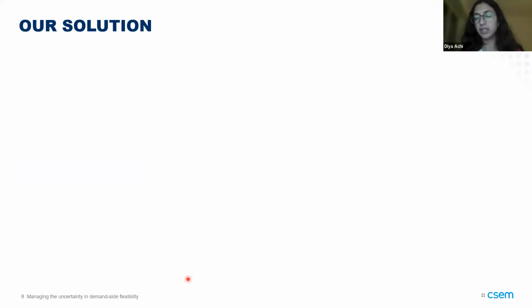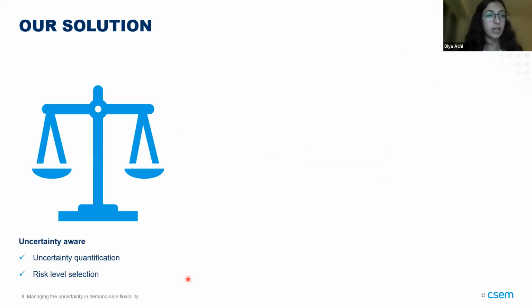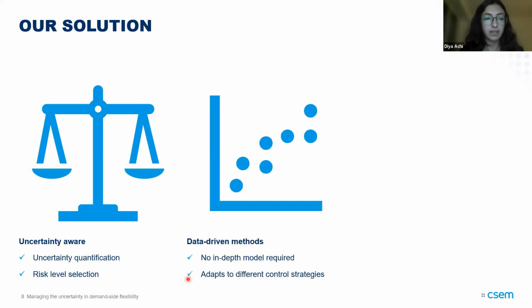So our solution is unique due to its many features. So first, it's uncertainty aware. This means that we quantify the uncertainty in our models, and this allows us to set a risk level when estimating our flexibility. What this means is that we can control how robust or how conservative our solution will be. We implement data-driven methods.